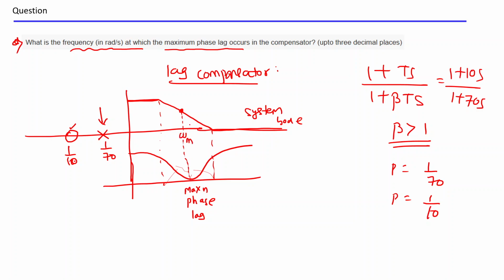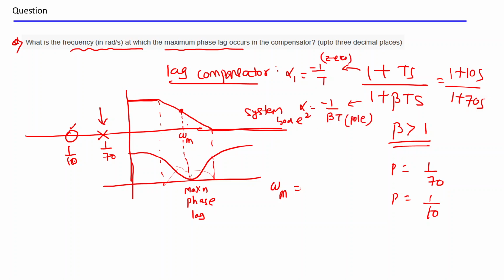How do you find omega m? What is the pole location? 1 plus Ts, 1 plus beta Ts. The zero location is minus 1 by T, and in the denominator the pole is minus 1 by beta T. So there are two locations, let me call them alpha 1 and alpha 2. 1 plus Ts is the zero, and 1 plus beta Ts is the pole.